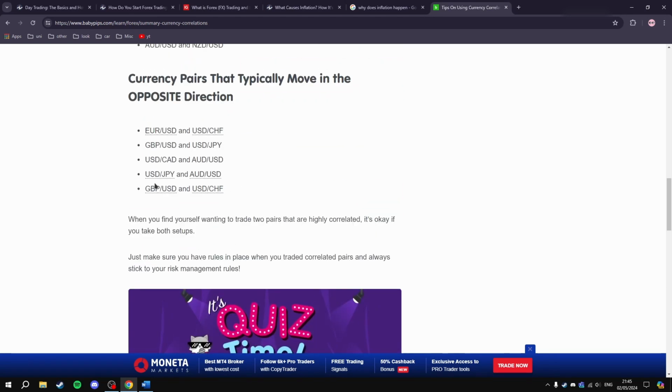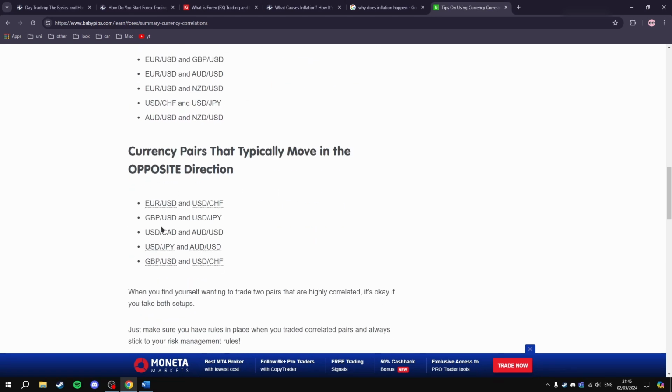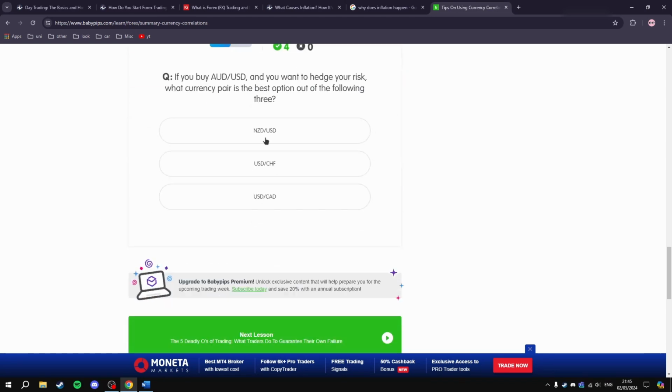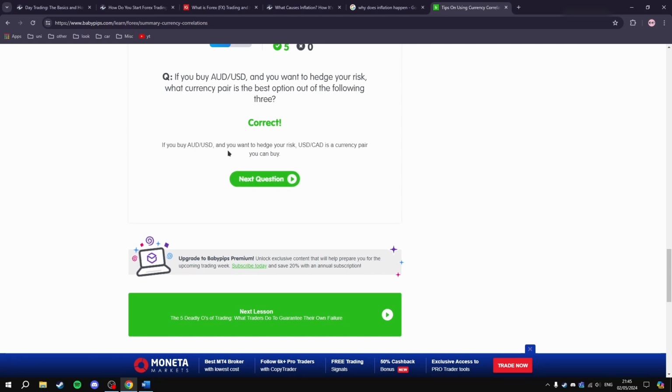So what's the opposite of AUD/USD? USD/CAD, USD/JPY. That one. If you buy AUD/USD and you want to hedge your risk, USD/CAD is a currency pair that you can buy.